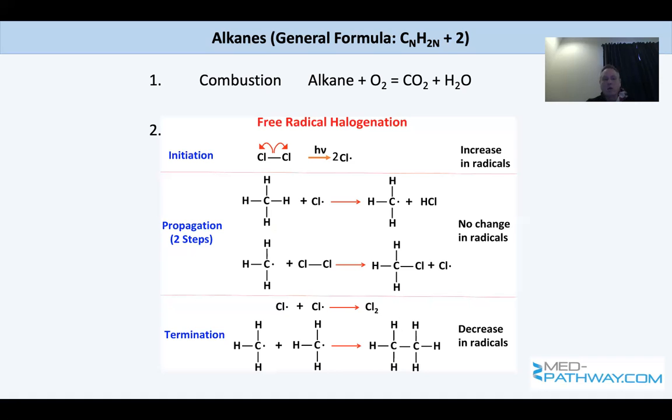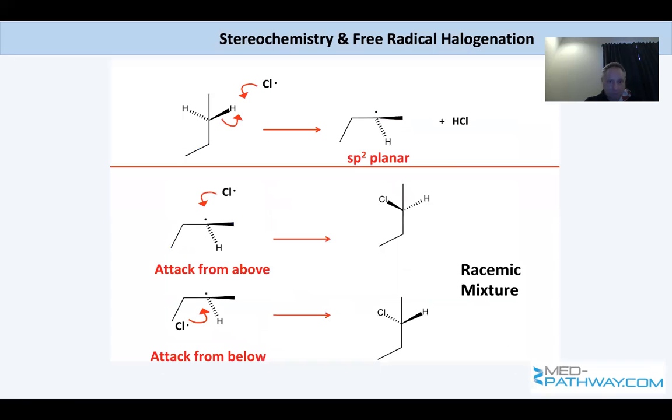That's free radical halogenation. And the termination reactions occur whenever two radicals hit each other, you get a net decrease in radicals. And at some point, you're going to run out of material to propagate, and you'll ultimately terminate the reaction.